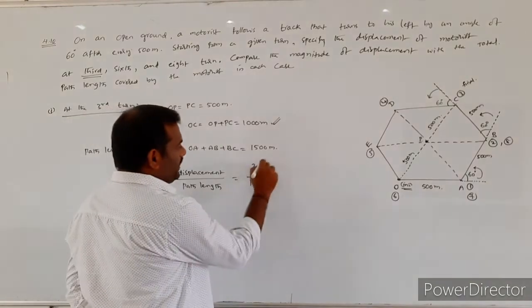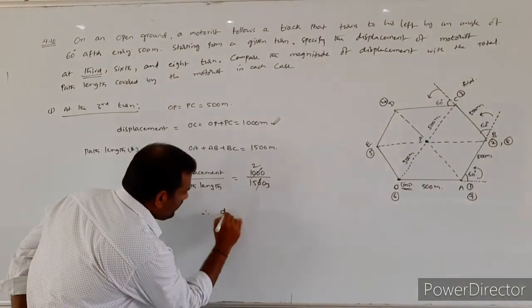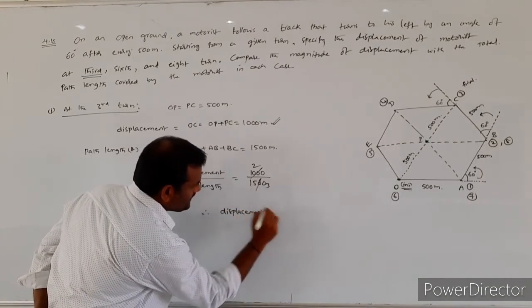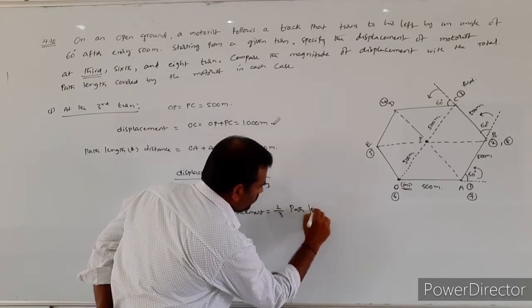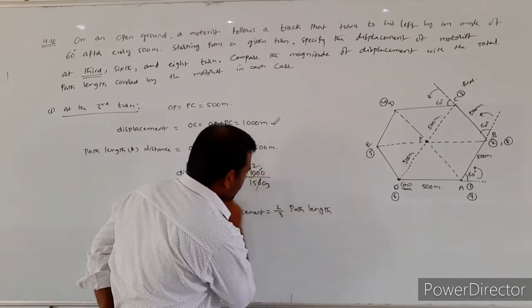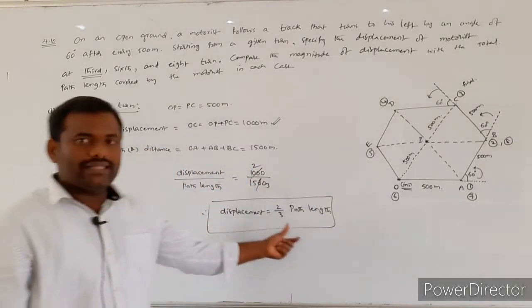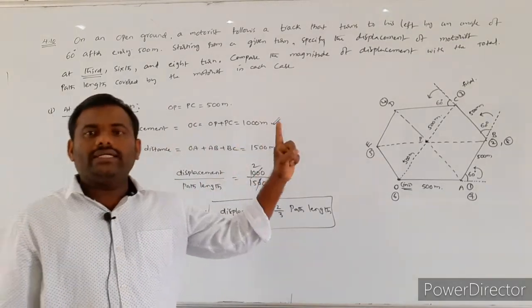So 500 two times, and 500 three times. Therefore displacement is equal to 2/3 of path length.